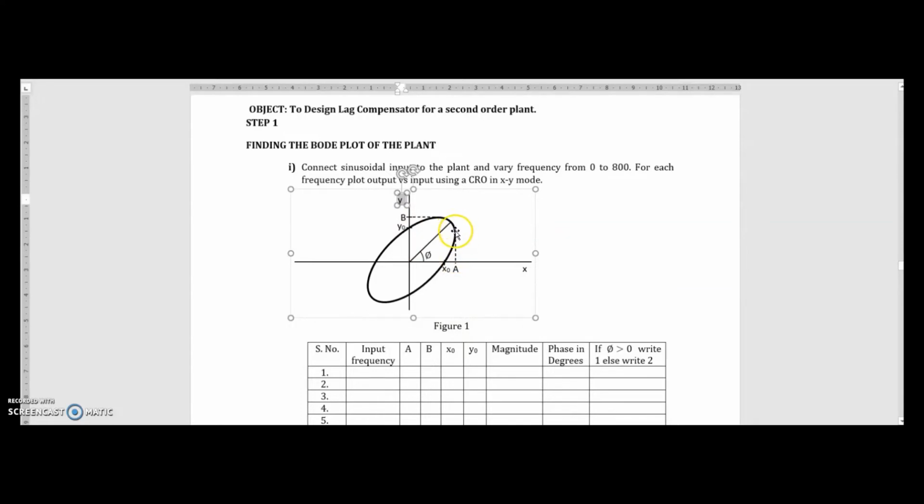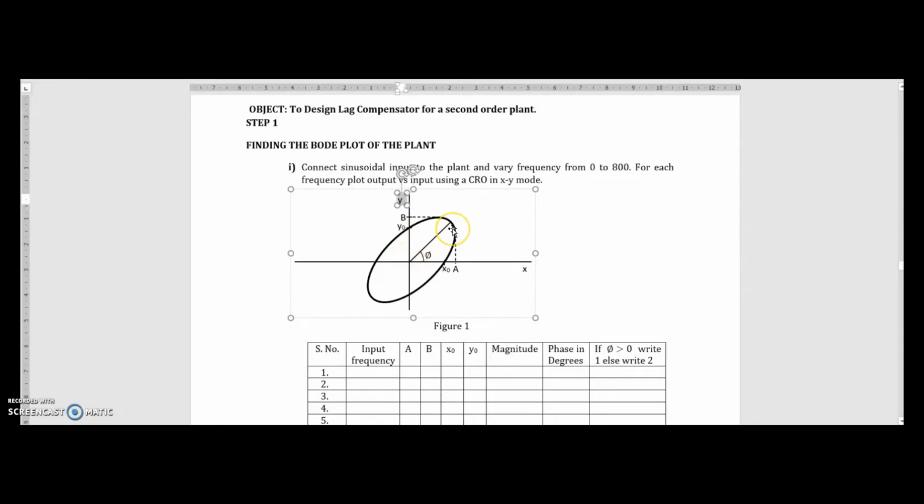So this is the maximum value of X. Similarly, this is the maximum value of Y in the figure. And then we have X0, which is the intercept, or you can say the figure is crossing the x-axis at this point. This is X0, and the figure is crossing the y-axis at this point, that is Y0.